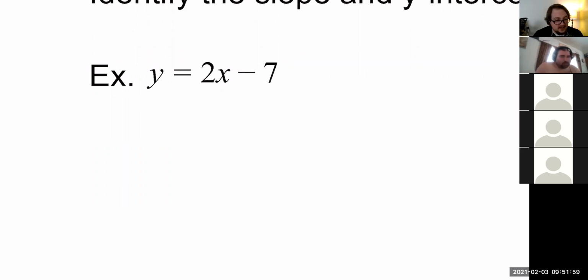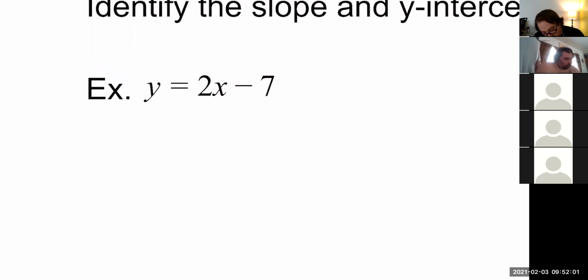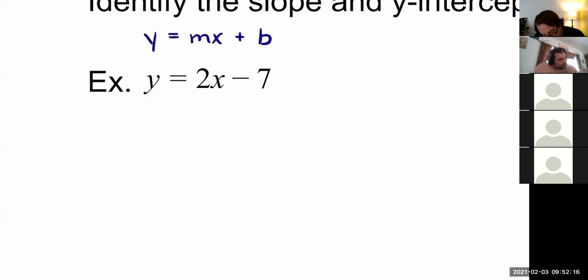Because y is by itself. So even if you wanted to visually see it, y equals mx plus b is the very generic form of slope-intercept form. So it just lines up nicely. So because it's already in slope-intercept form, you should be able to tell me two things.